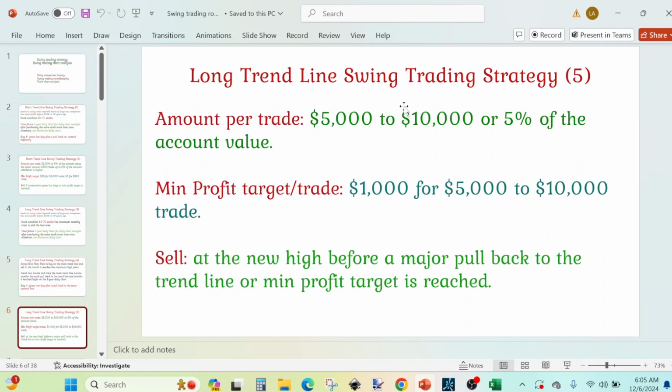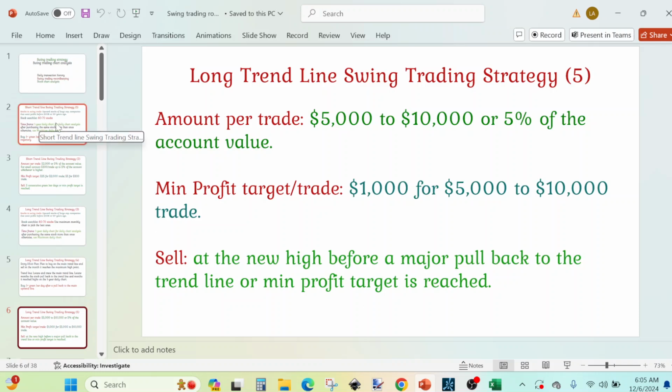And allocate a larger amount for it, since we are going to hold on to it for some months, and aim a bigger profit. And you know, when we will sell it as well.